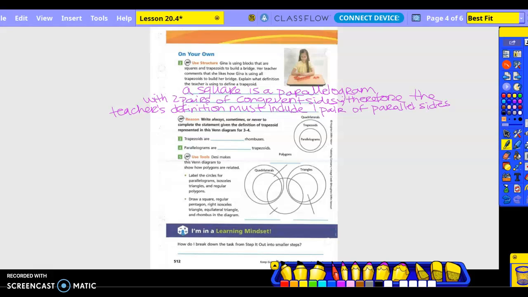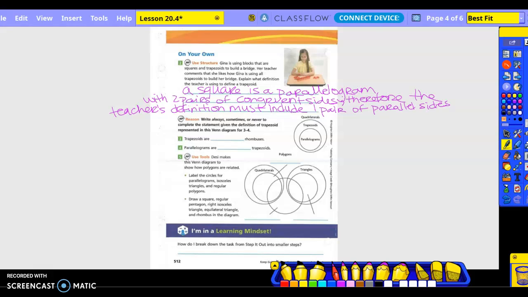Reason, write always, sometimes, or never to complete the statement given by the definition of a trapezoid represented in the Venn diagram. So trapezoids are never. Guys, quadrilaterals are up here, trapezoids are here, and parallelograms are here. So basically, they're saying that these must have to have at least 1 pair of parallel sides.